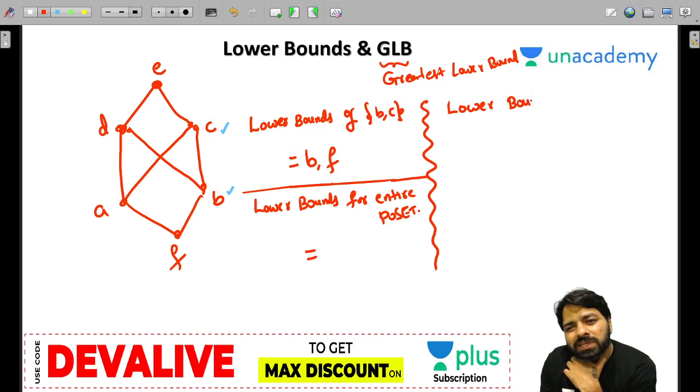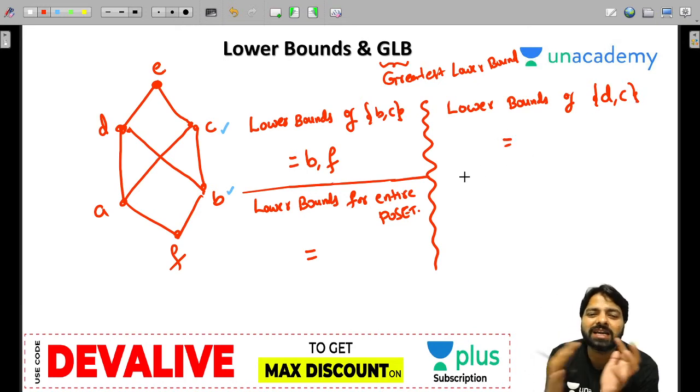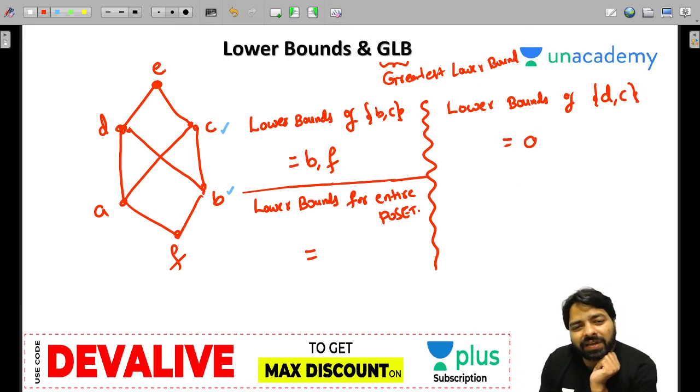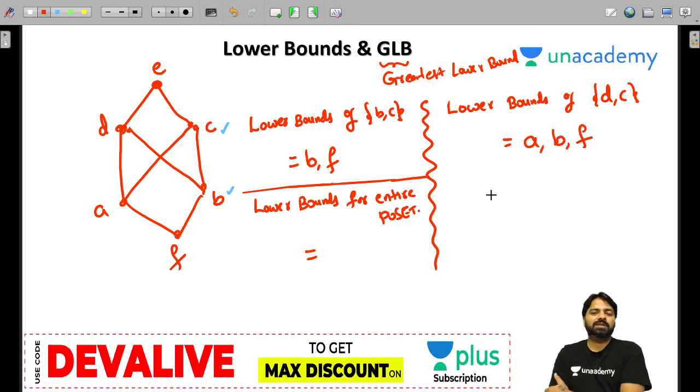Lower bounds of D comma C. I had written it wrong. Fine. So, for D comma C, you will have A, you will have B, you will have F. Actually, I was about to write that. Clear how to find the lower bounds? It could be one or more, doesn't matter.